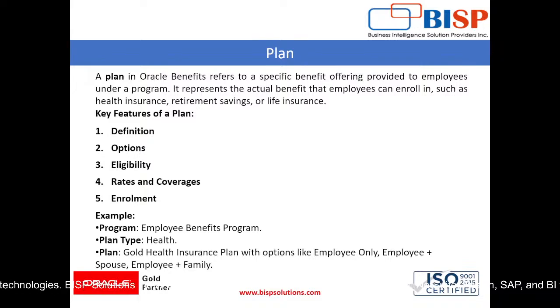For example, health and savings will be a plan type, under which you are going to define the specific benefit provided, for example, a gold health insurance plan. So your plan type is health, and under that you are going to create another plan, which will be your gold health insurance. That will be your plan. So we create a plan under a plan type.